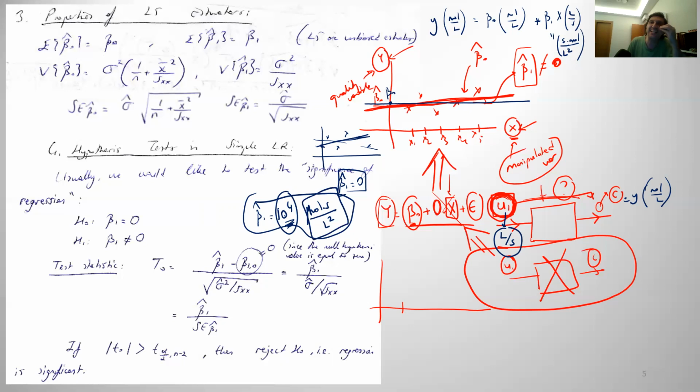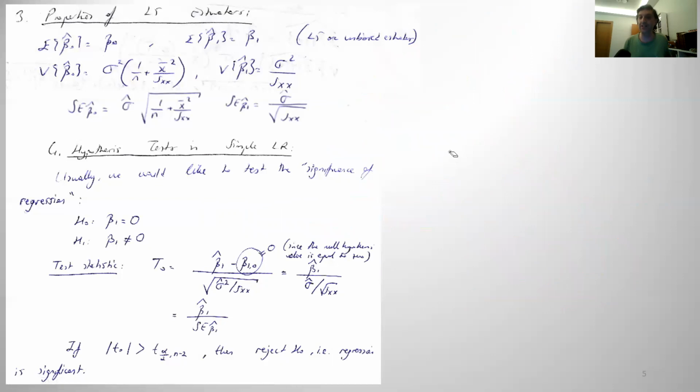So we cannot easily say whether the beta 1 hat value that we find is close to 0 or not, because it's unit dependent. What I'm trying to say is that we have a serious problem here in checking whether there is actually a relation between x and y, or there is no relation between x and y but beta 1 comes out non-zero only due to sampling variance.